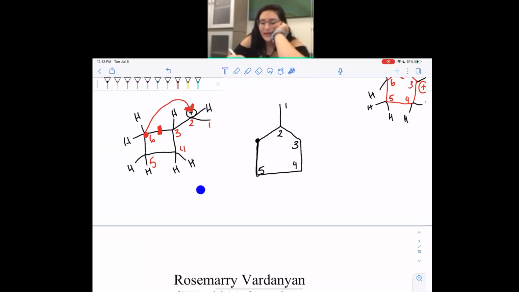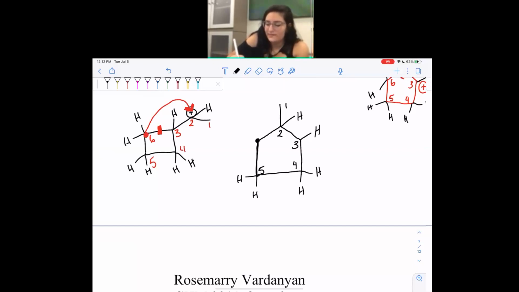And we didn't do anything to the hydrogens, so we're going to keep the exact number of hydrogens each carbon had, right? So carbon 2 had 1 hydrogen, carbon 3 had 1 hydrogen, carbon 4 had 2, carbon 5 had 2, carbon 6 had 2.